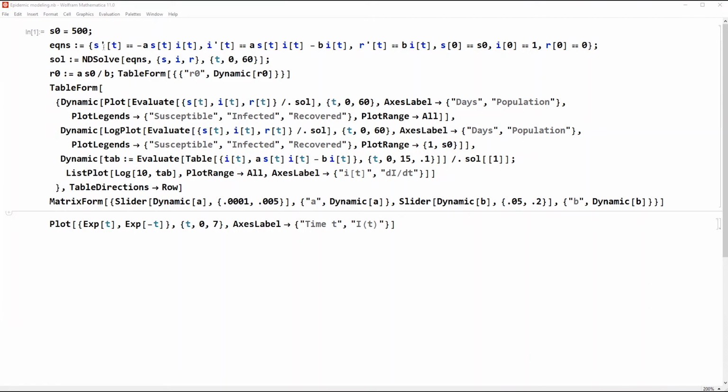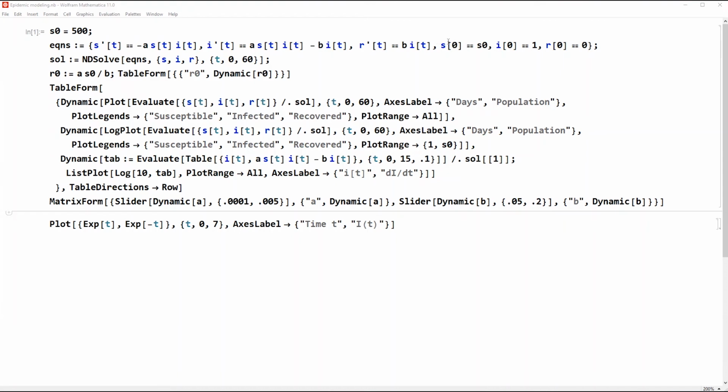So this is the time derivative of the susceptible population, which is minus A times S times I. I is the infected population. The time rate of change I prime is equal to A S I minus B times I, and R prime is equal to B times I. So these are the 3 sets of ODEs, and they're nonlinear and they're coupled.